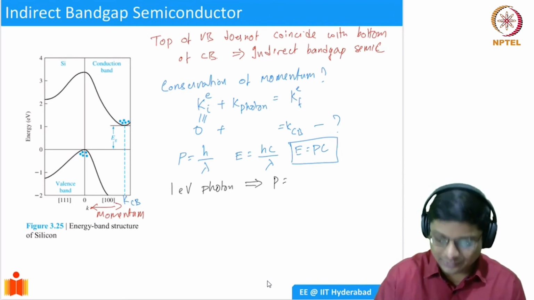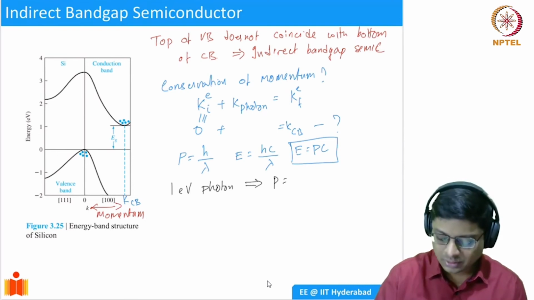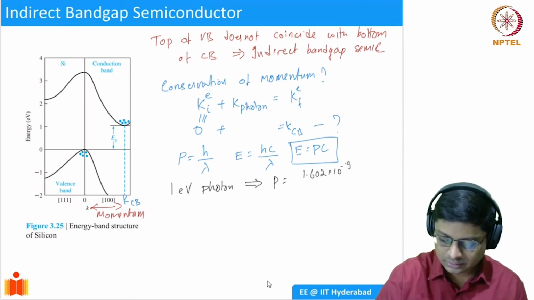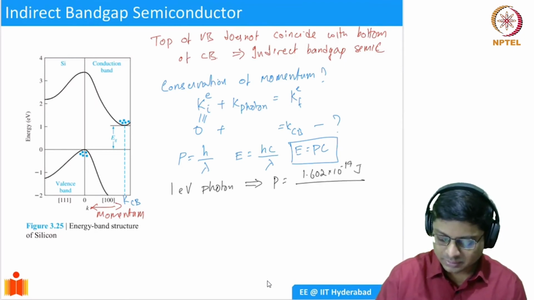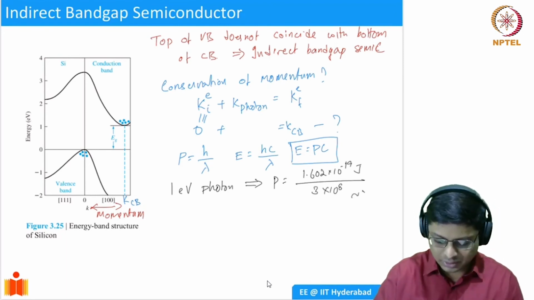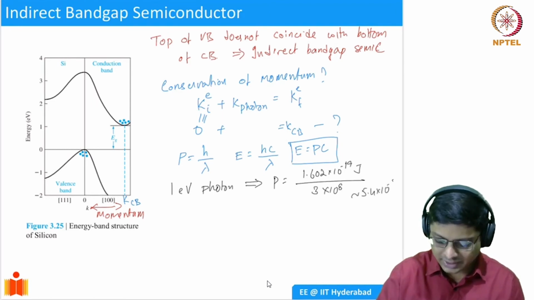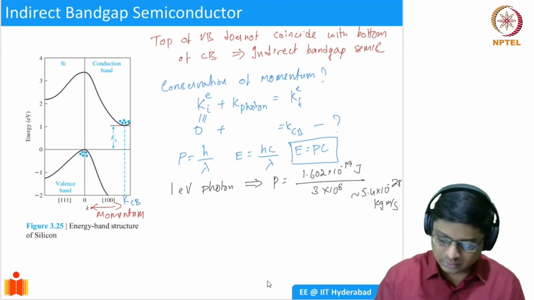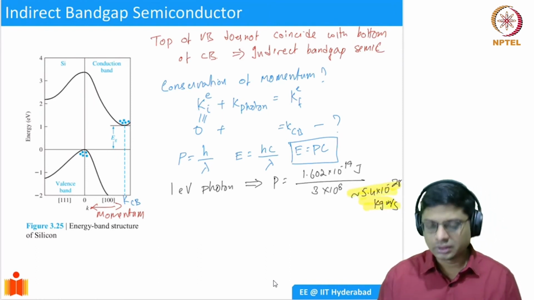So I have to multiply by charge. 1 eV is basically 1.602 into 10 power minus 19 joules, divided by the speed of light, 3 into 10 power 8. So this will give you approximately 5.4 into 10 power minus 28 kg meters per second. Just check it out, but I think this is right. So this is your momentum of the photon.